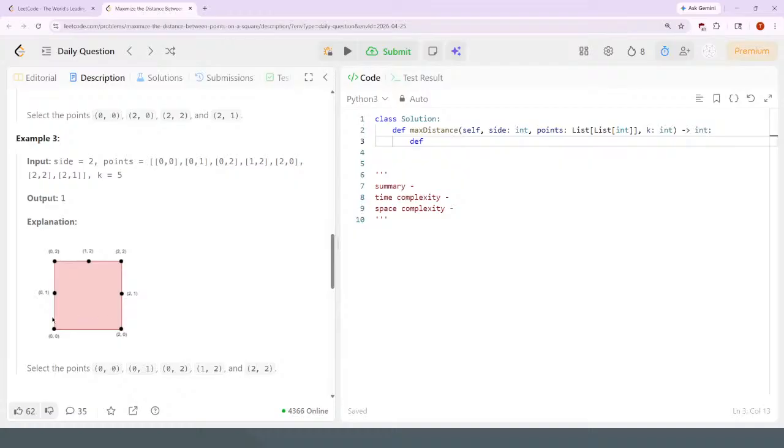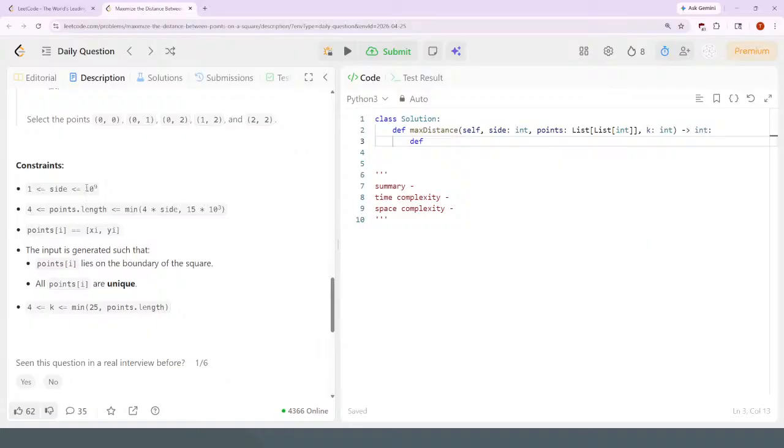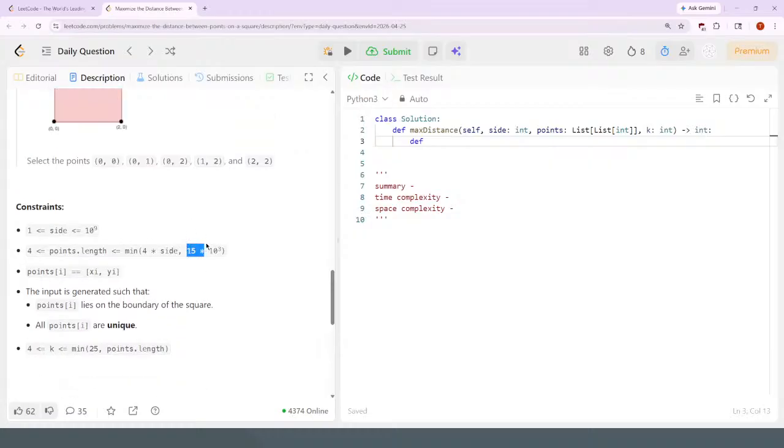How many points am I dealing with here? 10 to the 5th, probably. 15 times 10 to the 3rd. 4 times side. What is this? The length of points is the minimum of 4 times side.